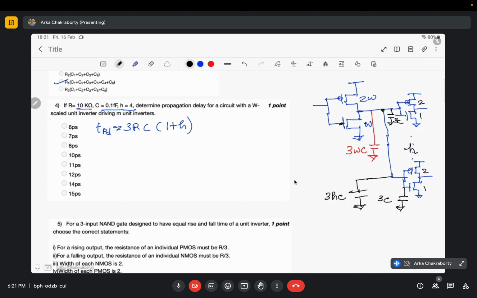Now what is the resistor here? As it has been scaled by W, my resistor would become R by W for this discharging path, and even for this charging path, it would be R by W. So what will be my propagation delay? It would be R by W into 3WC plus R by W into 3HC.